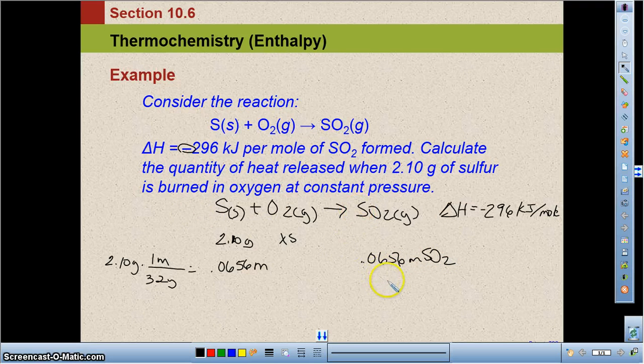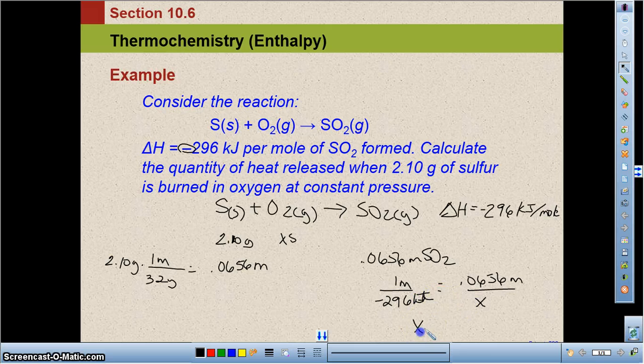And I can set up a ratio to figure this out. If 1 mole gives off 296 kilojoules, then 0.0656 moles gives off how many kilojoules?